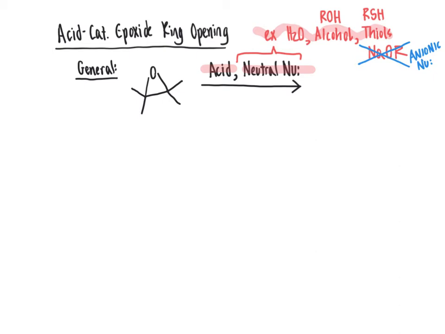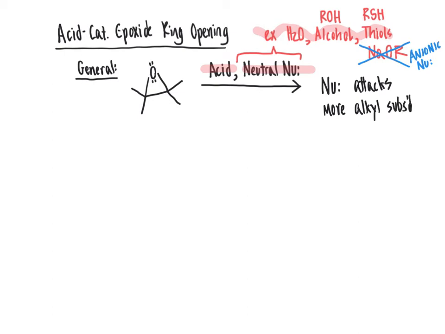So what's going to happen in the situation where we have an acid catalyzed scenario is that ultimately the nucleophile is going to attack the more alkyl substituted carbon of the epoxide.